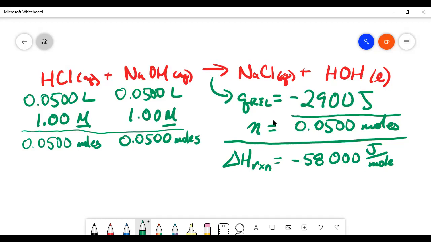And 58,000, that's very easily converted into kilojoules. And more conventionally, I'm going to write these enthalpies of reaction as kilojoules per mole. Per mole of what? Well, in this case, because the reaction is 1-to-1, it could be per mole of hydrochloric acid or per mole of sodium hydroxide.